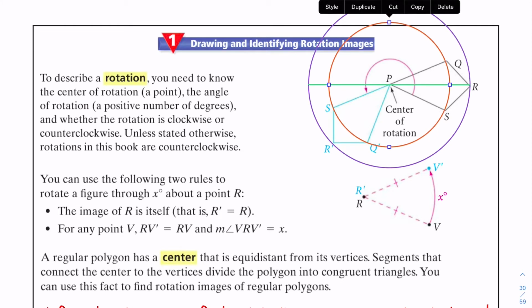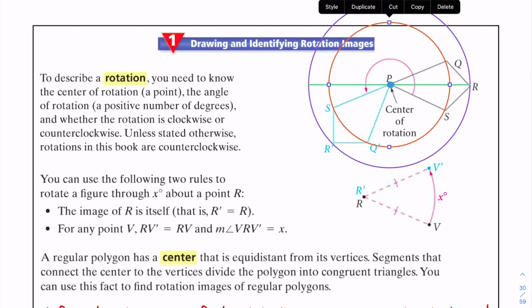So what you notice here is that this being the center, that P being the center of the circle in orange and the circle in purple, that the location of Q is spinning and the location of S is spinning as well, and they're staying on this circle. Now this isn't perfect.